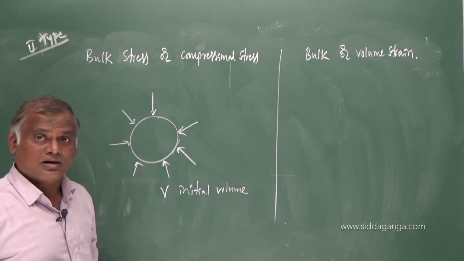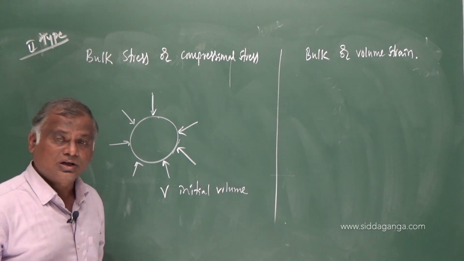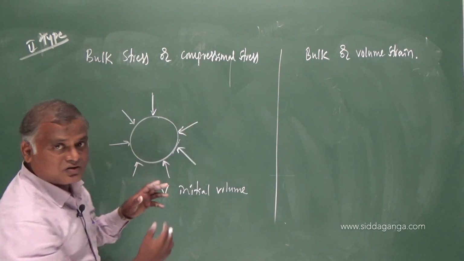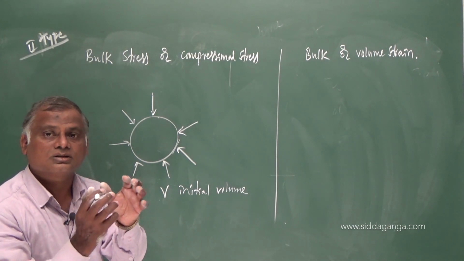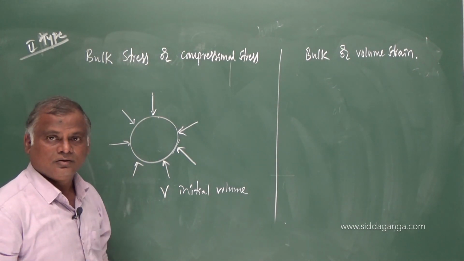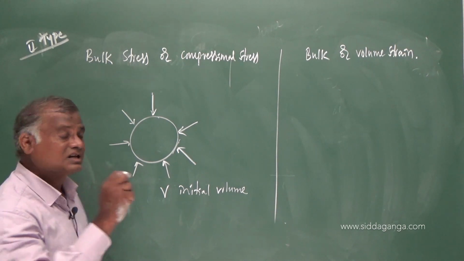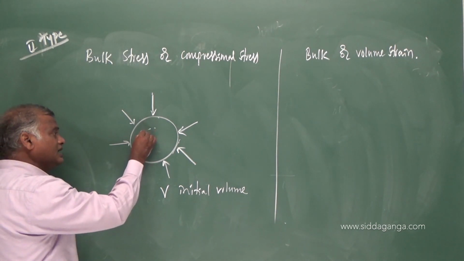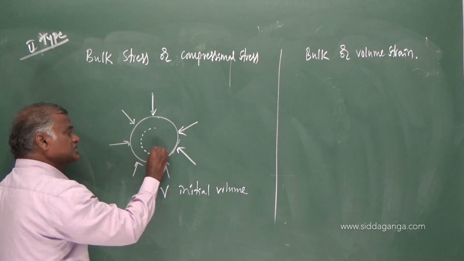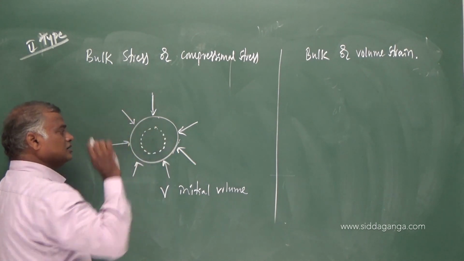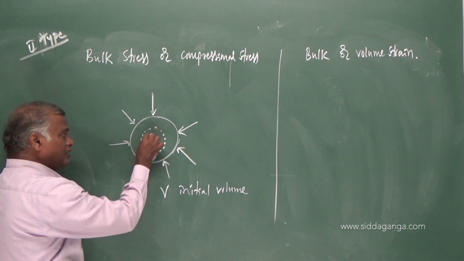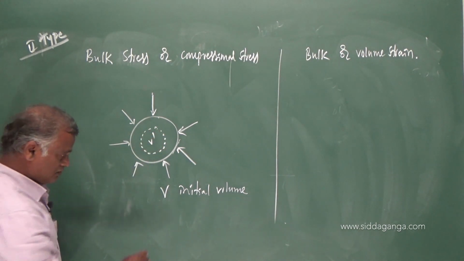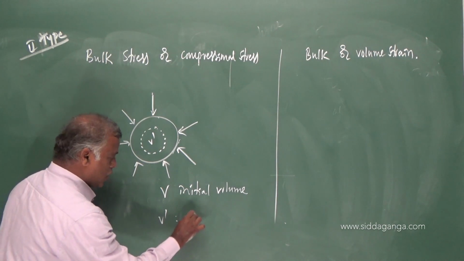But what happens here? Does the length change? When all these normal forces are acting on the ball, what happens now? Ball gets squeezed. Volume decreases. Now let us say this is the new shape that it is going to take. This is V dash, say new volume.